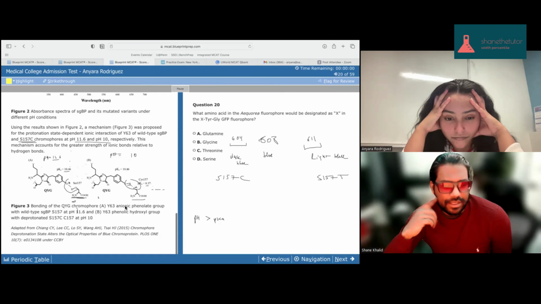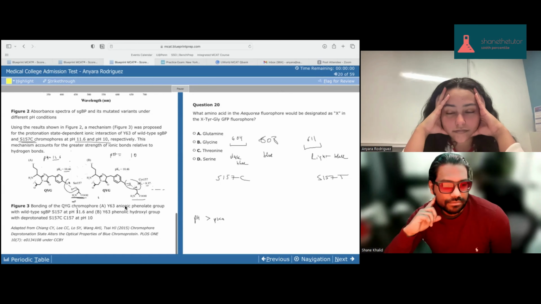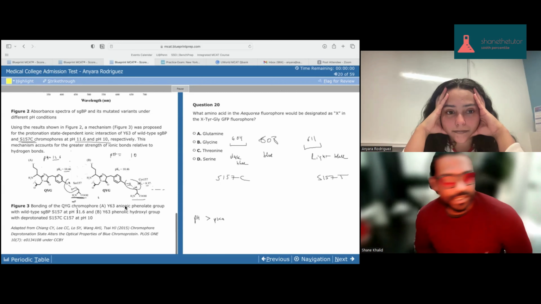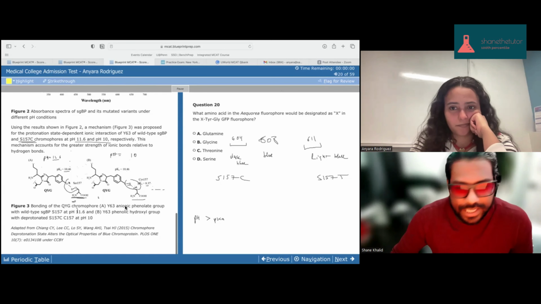But all in all, this is very hard to understand. So we don't need to understand every single aspect of this. We need to understand what we need to understand to answer the questions. So we can just see that ionic bonds versus hydrogen bonds is going to play a role here.